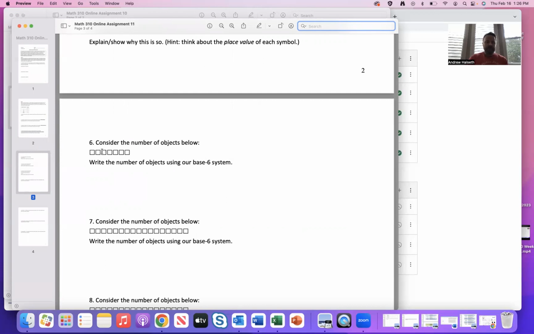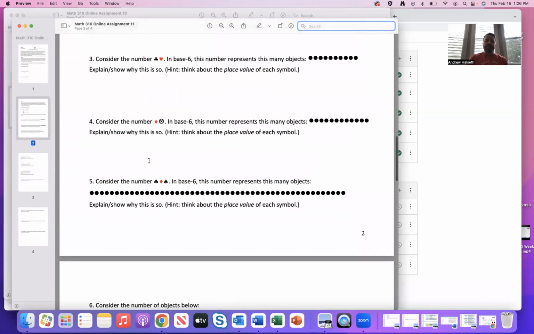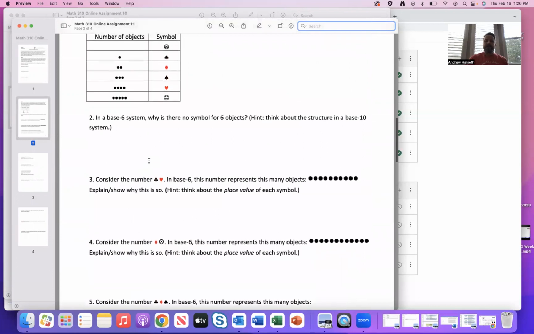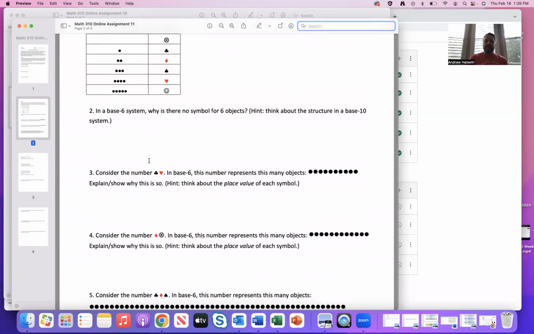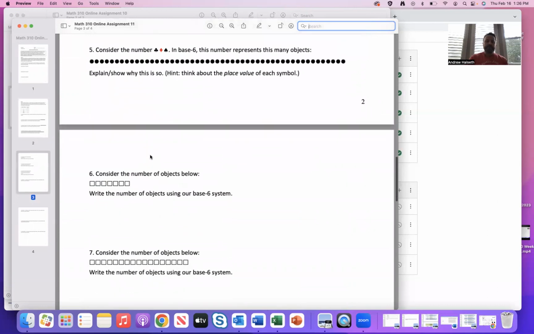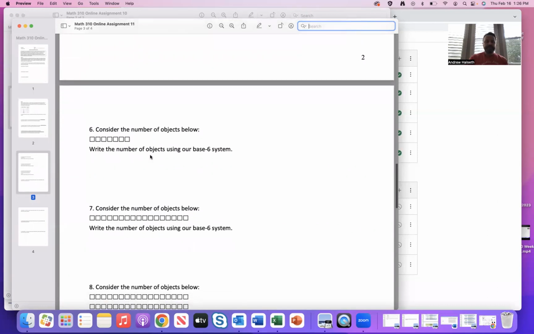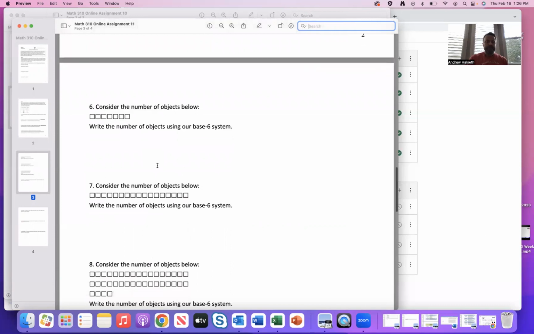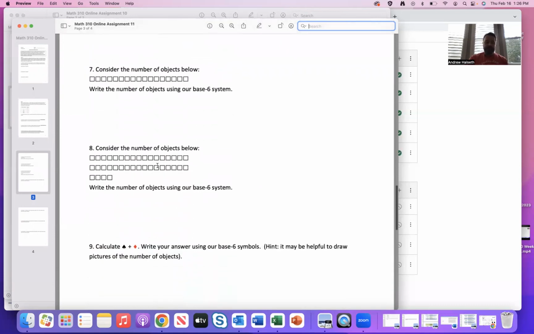I have 1, 2, 3, 4, 5, 6. So I have one group of 6 and 1 left over. So use your symbol chart, what represents ones, right? And use that value. You have to draw it or use those symbols. Okay, and there's a few of those.